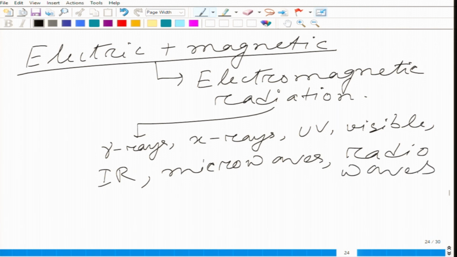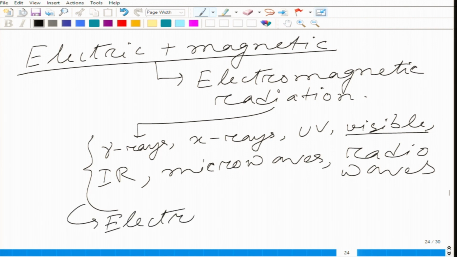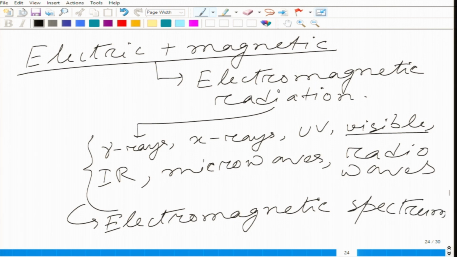These are all types of electromagnetic radiations. Among them, only the visible light is detected by the human eye. All these rays together are called the electromagnetic spectrum. These different types of radiations have different wavelengths and frequencies.